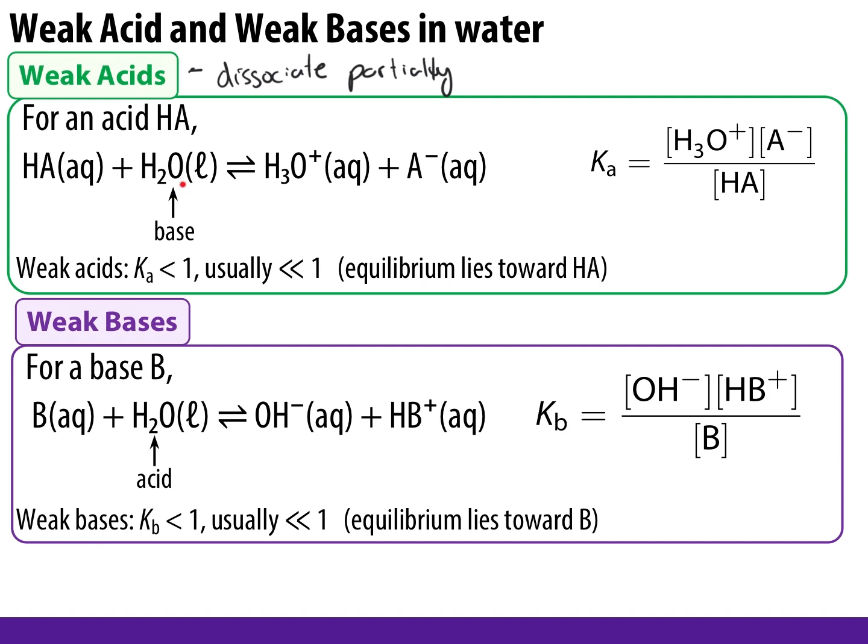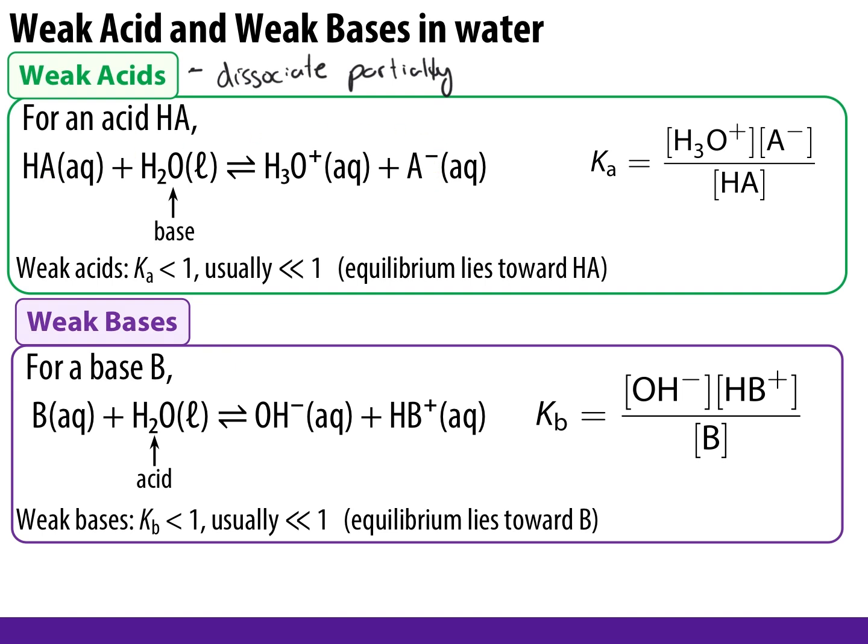The only base that's present in pure water is just water. Water is amphoteric. It can act as a base or an acid. So when HA reacts with water, the acid is going to donate a proton to the base. So therefore the products are the acid lost a proton, the water gained a proton, so we make H3O+, the conjugate acid of H2O, and A-, the conjugate base of HA.